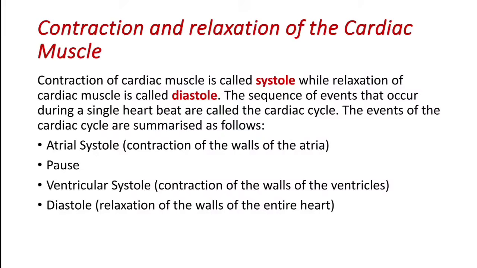Sweet. And then diastole. Diastole is a term for relaxing. So diastole is the relaxation of the walls of the entire heart. When the walls of the atria relax, that's atrial diastole. Diastole, the way you can pronounce it, it all depends on the number of teeth that you have.